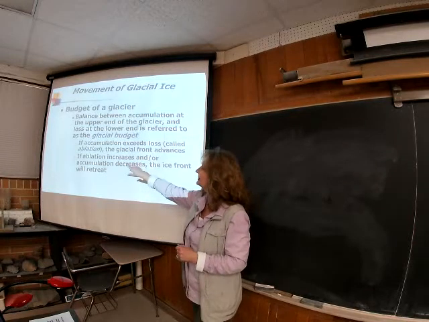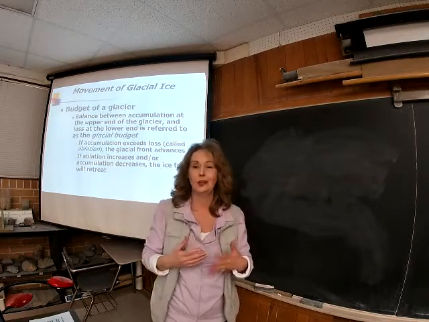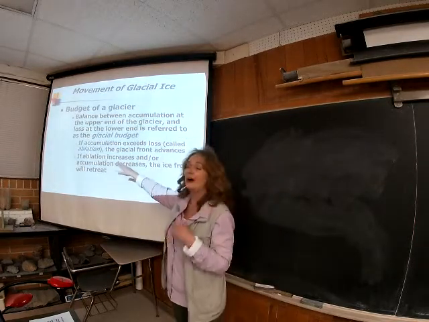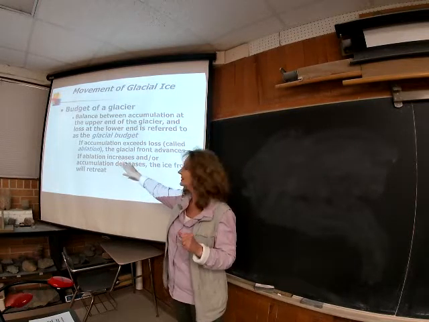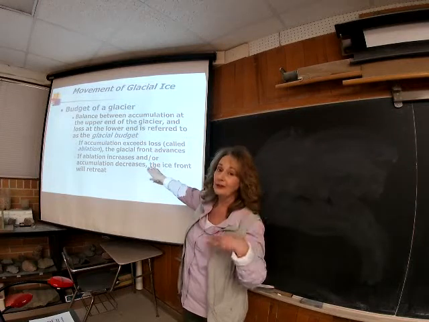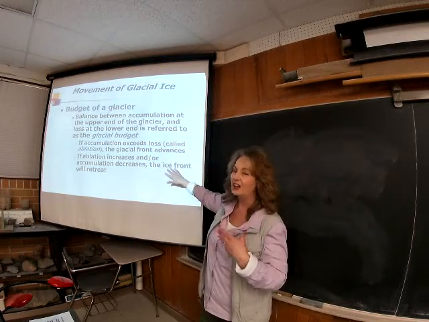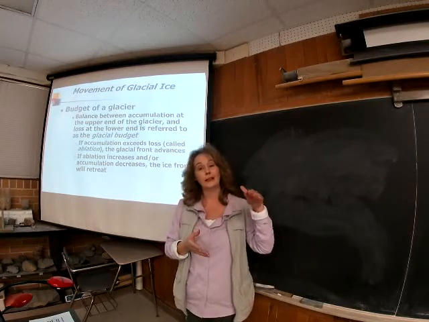And if ablation, so here they've introduced that term ablation, which means a loss or a wastage, okay? So if ablation increases, or maybe your accumulation is decreasing, one of those two things, you're getting a loss here, and the ice front will appear to be retreating.